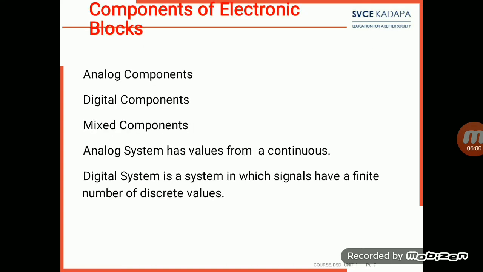In electronic systems, we use different types of components: analog components, digital components, and mixed components. Mixed in the sense we can use either analog or digital components. As I already said, an analog system has continuous input values. A digital system is a system in which signals have a finite number of discrete values. So these are the basics.